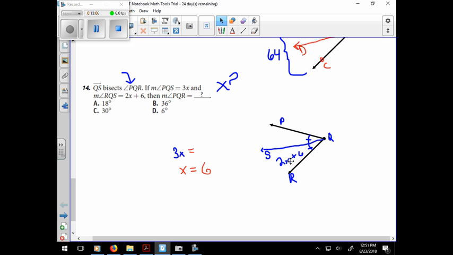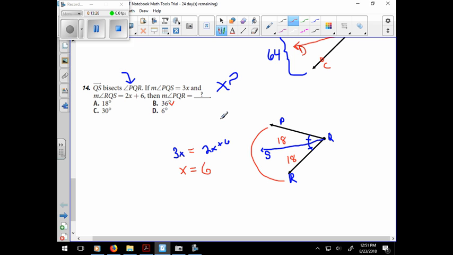And this down here better be 18. So 2 times 6 is 12, plus the 6 is 18. So I do have 2 halves of 18. And now it wants PQR, the whole, and you add the 18s, and you get 36.